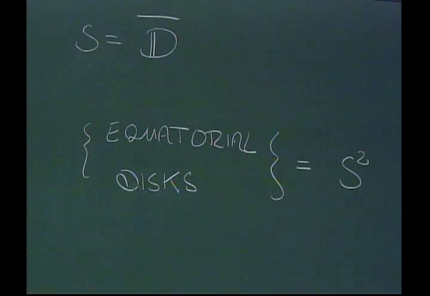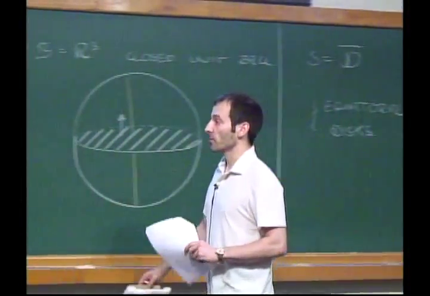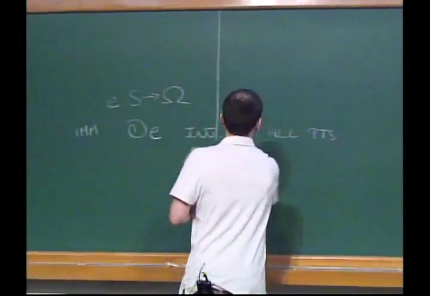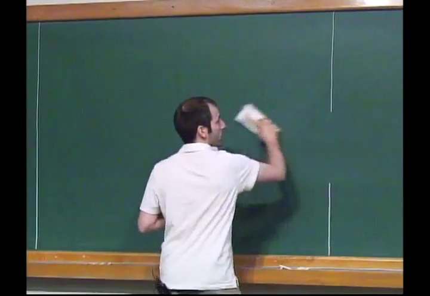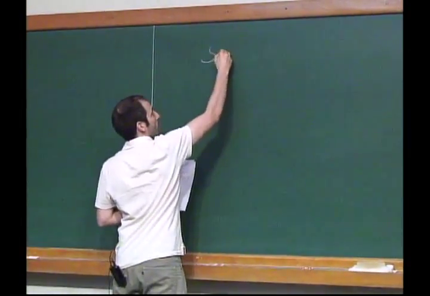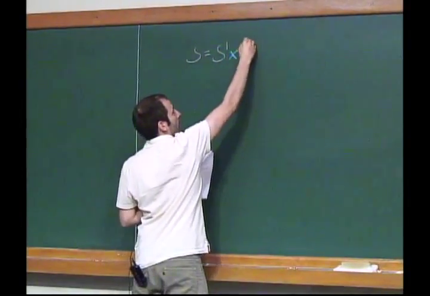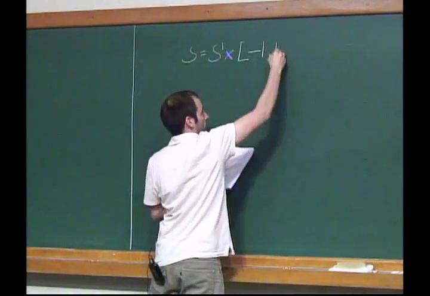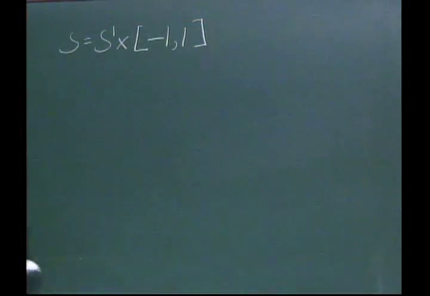Now, let's consider a slightly more sophisticated example. Again, we're going to be interested in the unit ball with the standard Euclidean metric. But now we're going to be looking at the case where this surface S is an annulus. So S is equal to S1 times the closed interval between -1 and 1.